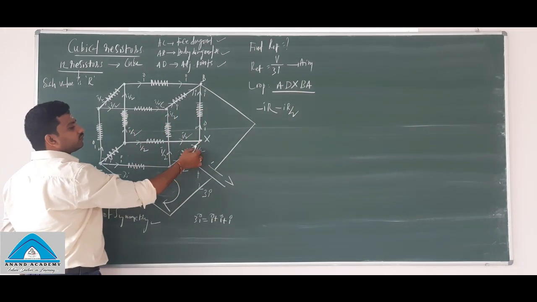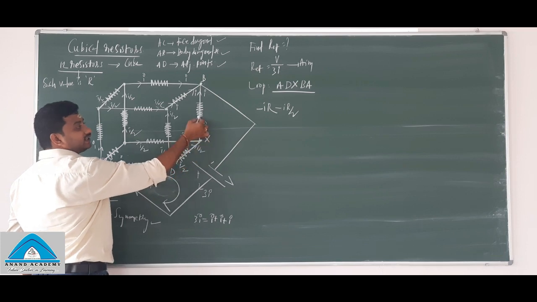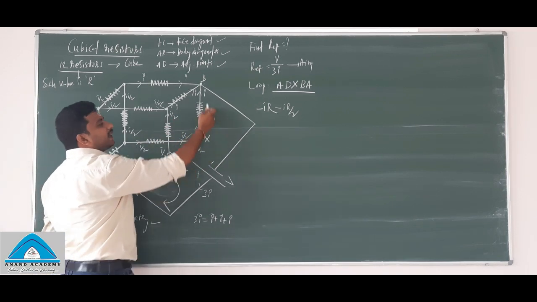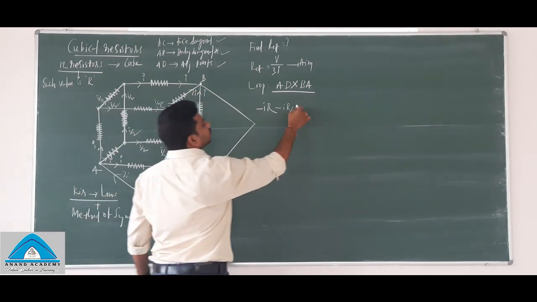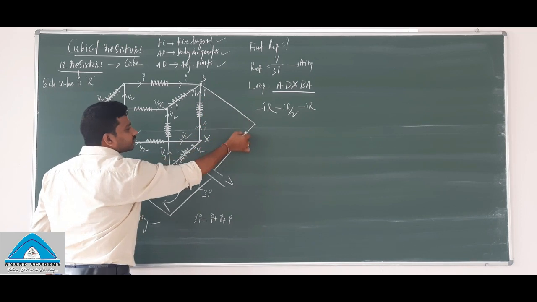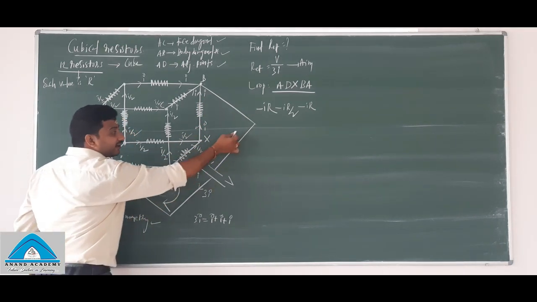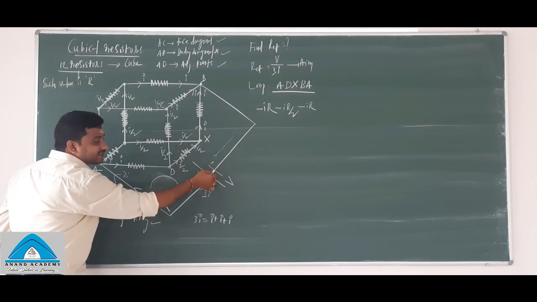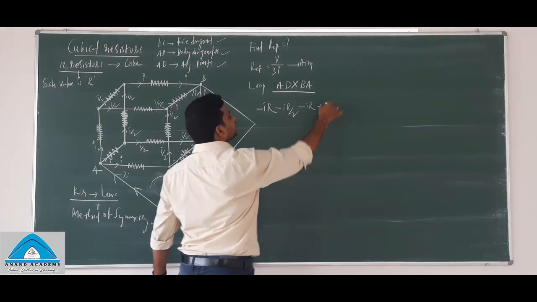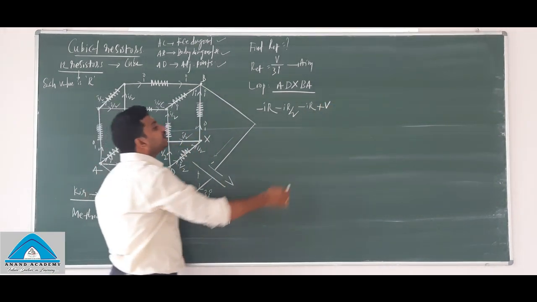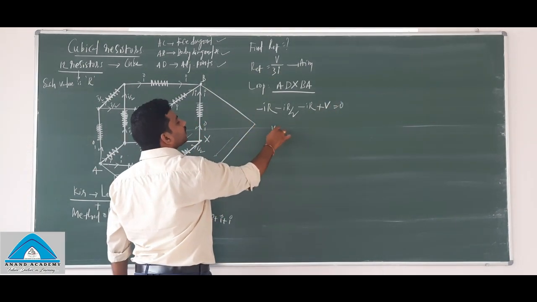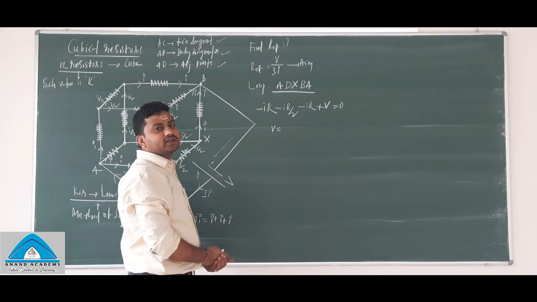So here it is moving like this. And here, there is a resistance R, so the current is I. Our loop direction and current direction is same. So this is minus IR, and we are moving like this. No resistor, no resistor. Yes, there is a cell. Our loop direction is touching the negative terminal of the cell. So that is plus V, the potential difference of this cell, which is equal to 0. So V I am keeping here and the rest of the things I am taking to the other side.